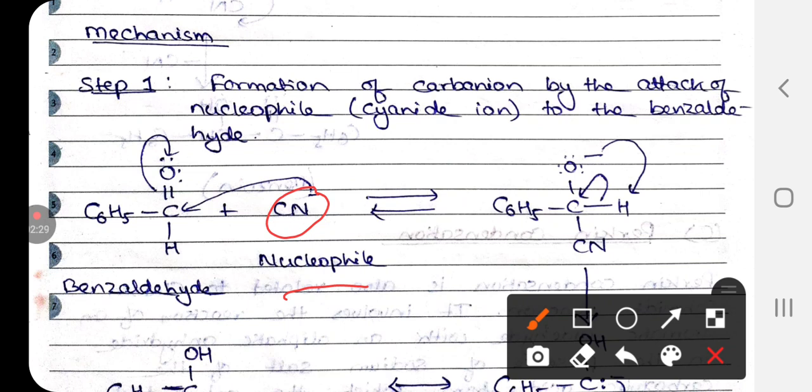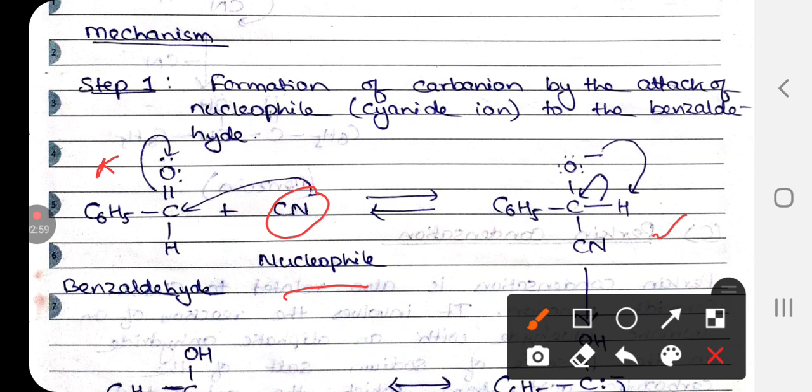The carbon oxygen bond contains pi electron and the oxygen atom is more electronegative. Therefore, the displacement of pi electron is taking place towards the oxygen atom, and this makes the central carbon become electron deficient, as a result of which CN minus interacts with this electron deficient carbon atom and forms this structure.